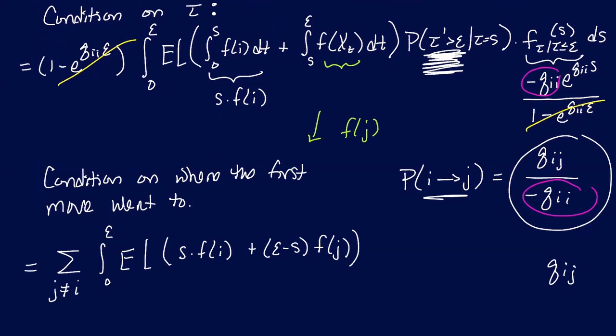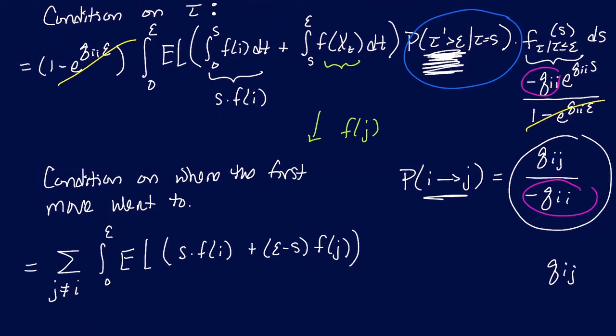Now I need to take care of this. The times between events are exponential, but at the beginning of part C, I can't tell you the distribution of tau prime because I don't know what the rate is, because the rate of those exponentials depends on where you are. So if you're at state I, the time of the next move is exponential with rate negative qii. And I don't know where we moved to, but I do now because we are summing over where we moved to.